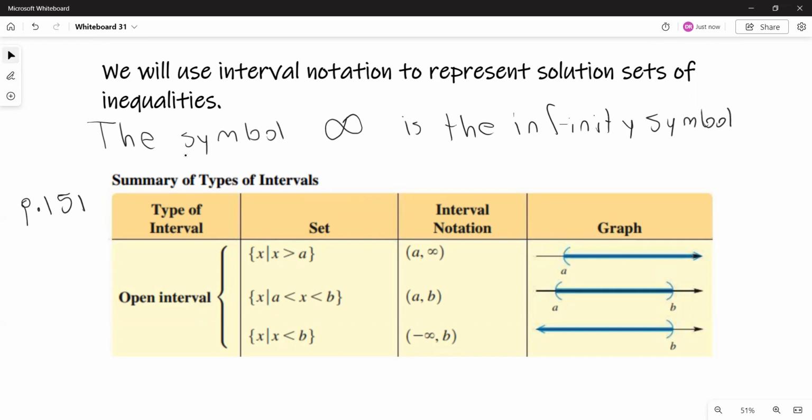The first 3 intervals are open intervals. In set notation, the first one reads x such that x is greater than a. In interval notation, that's going to be a comma infinity. Both have parentheses, and we have the graph: everything to the right of a, excluding a. The second interval is a comma b within parentheses, which in set notation is the set of all x such that x is greater than a and less than b, and we are excluding the end values.